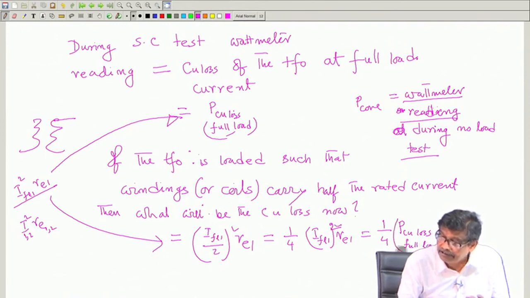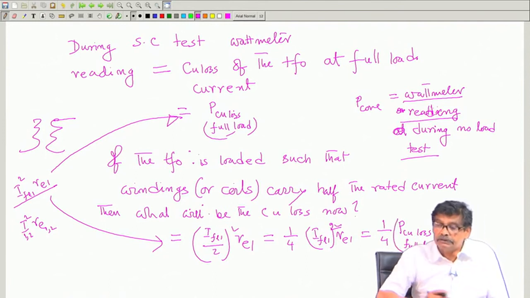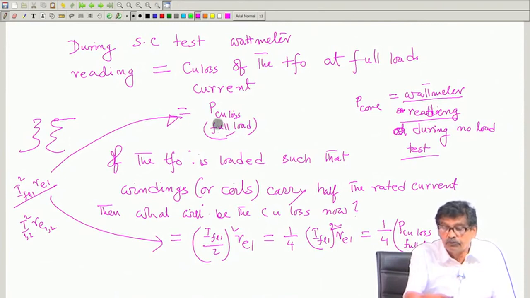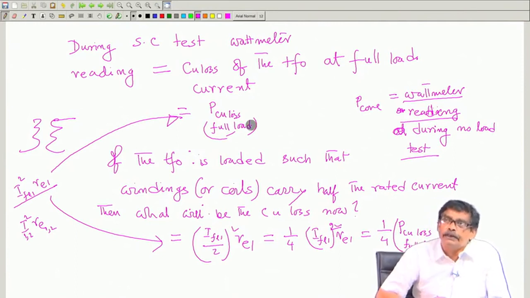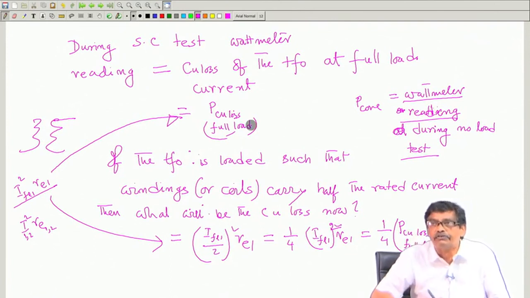Getting the point? This must be understood. If P_CU, the copper loss at full load, is 100 watt, then if your winding currents are half, the copper loss will become 100 by 4, that is 25 watt.